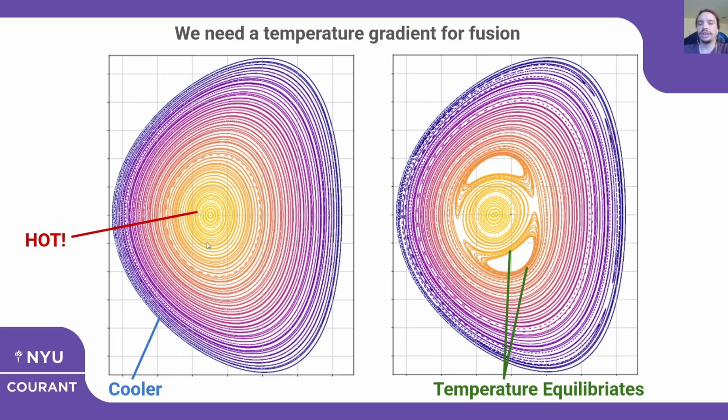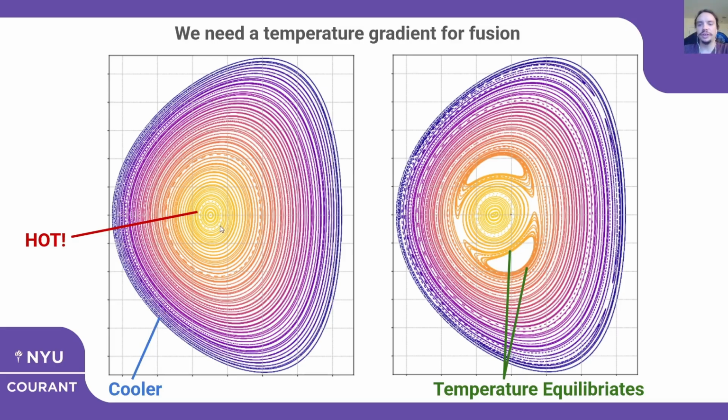As you move from the center all the way out to the edges, things get a lot cooler. They'd better because magnets only operate well when the temperature isn't too hot. And in fact, some of the magnets that we use, which are superconducting magnets, need to be at some of the coldest temperatures on Earth. So you need the hottest temperatures on Earth right next to the coldest ones.